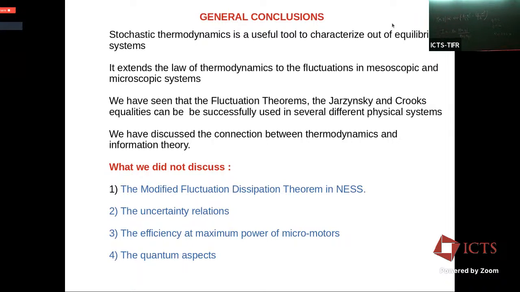And now you see that the game is done, because in this case the work will be this one when y is larger than L, and of course the work will be 0 if y is smaller than L.